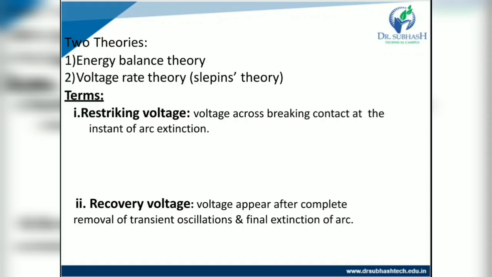We already studied the restriking voltage and recovery voltage. The restriking voltage is the voltage across the breaking contacts at the instant of arc extinction, and the recovery voltage is the voltage that appears after complete removal of transient oscillation and final extinction of the arc.